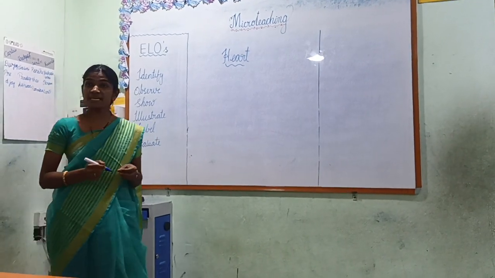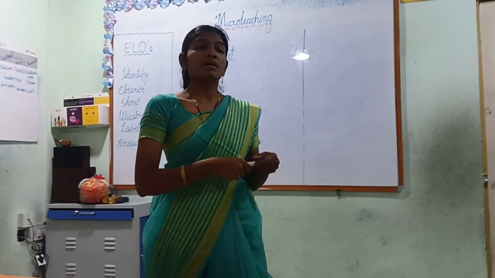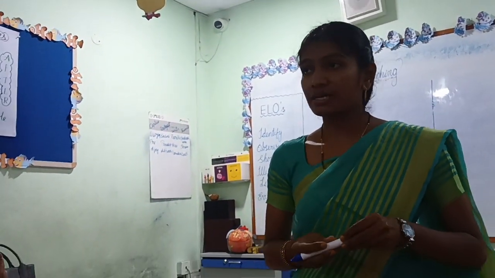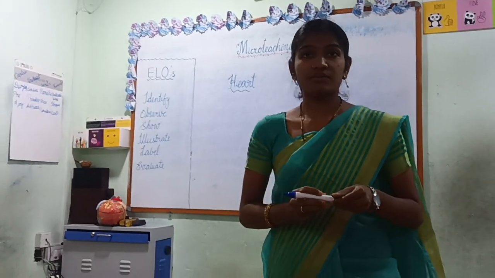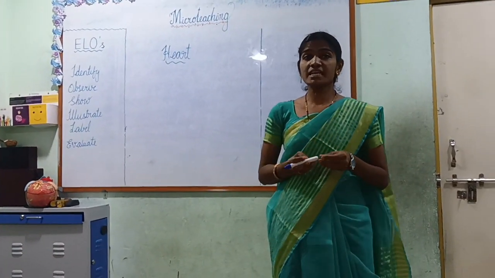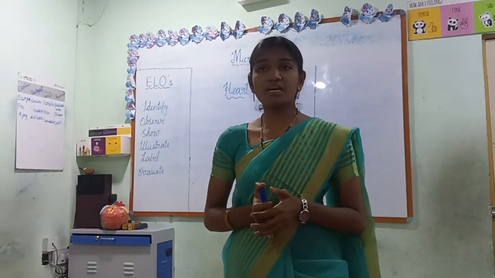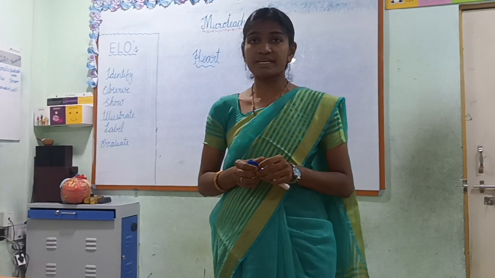In humans and animals, how does the blood flow? Through the heart, right? Through the entire body, right? So basically the blood is transferred by the heart and the blood vessels. It is called a circulatory system.